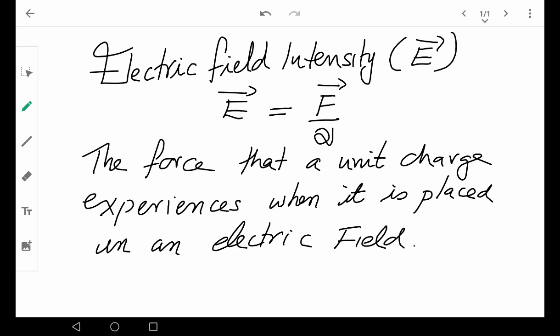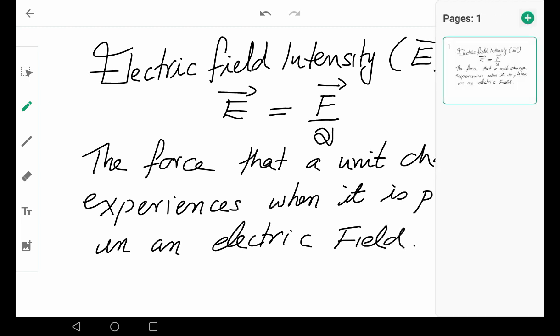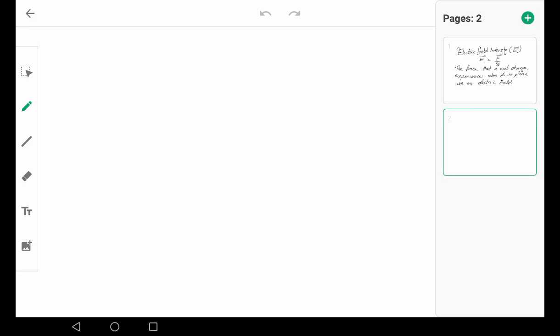For example, suppose you have one charge Q here, and you have another charge Q1 here, and I draw the vector from Q to Q1. Let me represent that vector by R1.